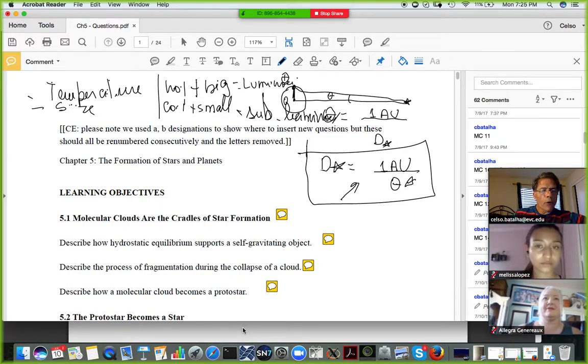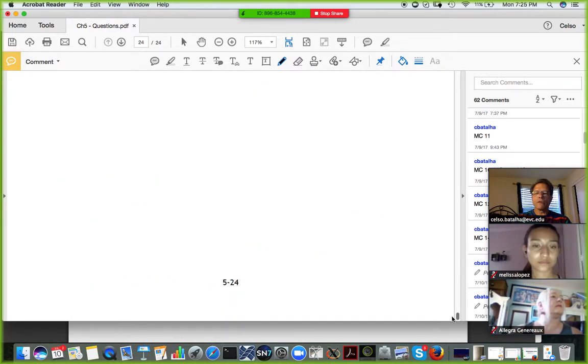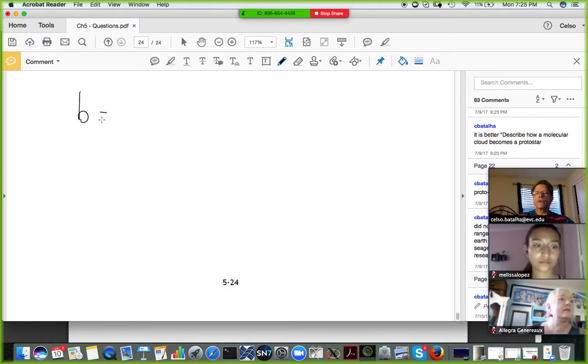But there is an important relation in chapter 10. See if I go to the end here so I can use an empty space. In chapter 10, there is an important ratio that we are going to learn: the brightness of a star is equal to the luminosity of the star divided by 4 times pi times the distance to that star squared.